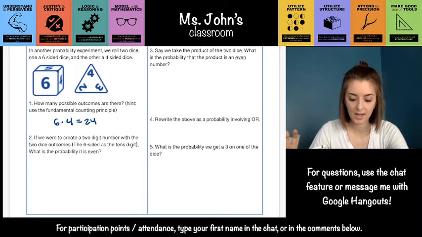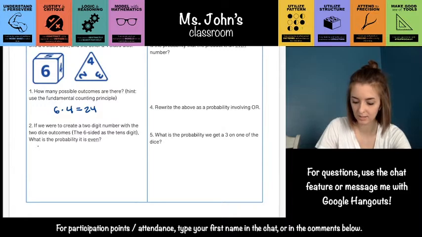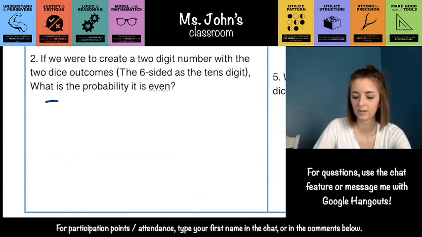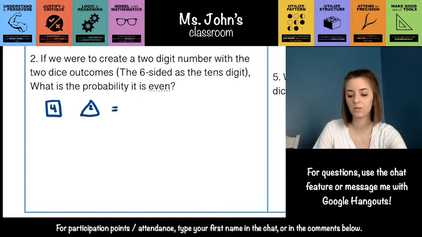Number 2, if we were to create a 2-digit number with the 2 dice outcomes, the 6-sided die is going to be the 10s digit. So for example, if we rolled a 4 on our 6-sided die and a 2 on our 4-sided die, it would be 42.